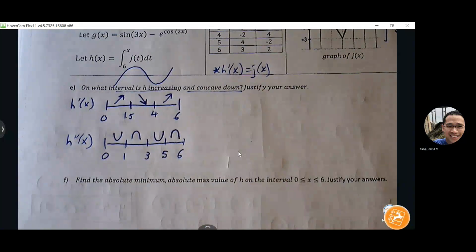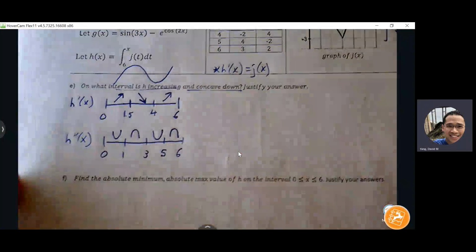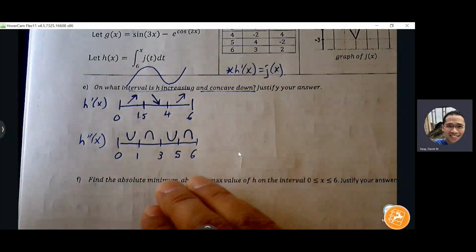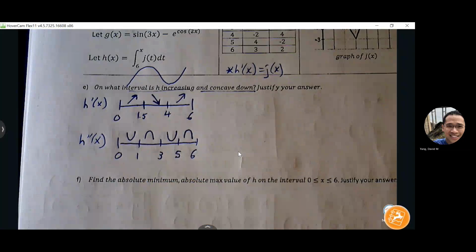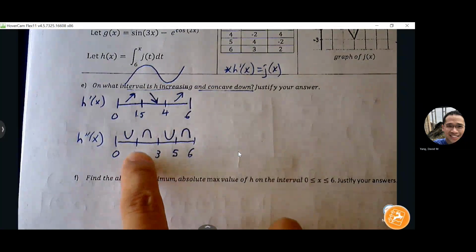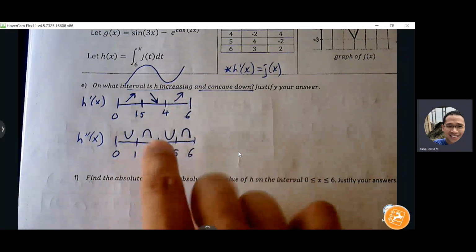Okay. Where's the graph increasing and concave down? So we want both to occur at the same time. Yeah, increasing and concave down.